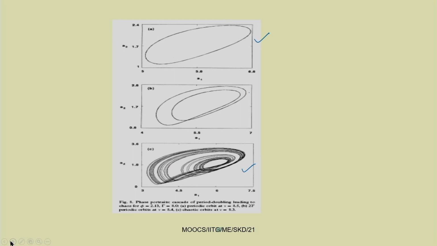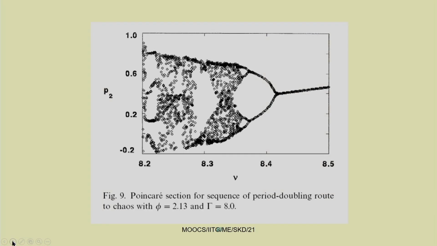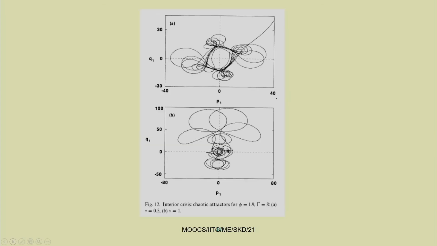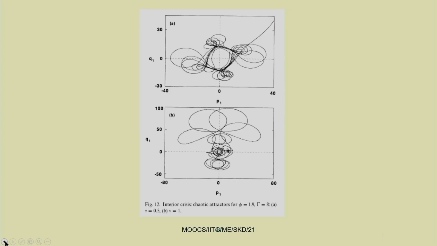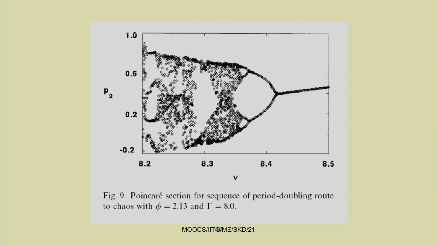If you plot the Poincare section, for periodic it is a single point, for 2 periodic it is 2 points. If you go on doing the Poincare section for different system parameters, you can conveniently see that the system response becomes chaotic. So, this is period doubling leading to chaos, a phenomenon you can observe in this case.